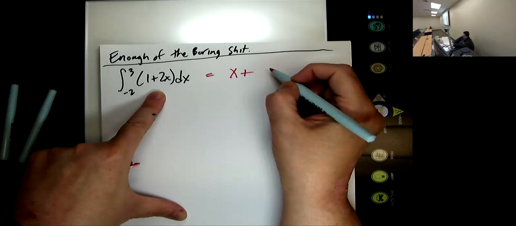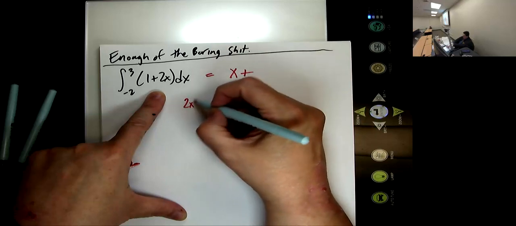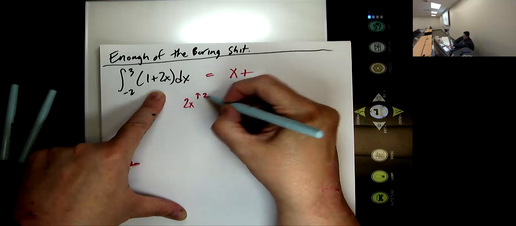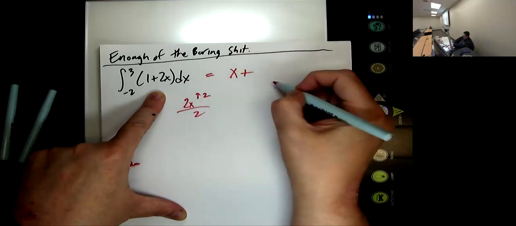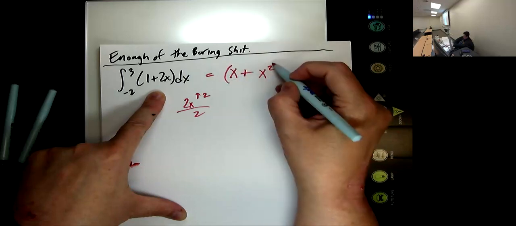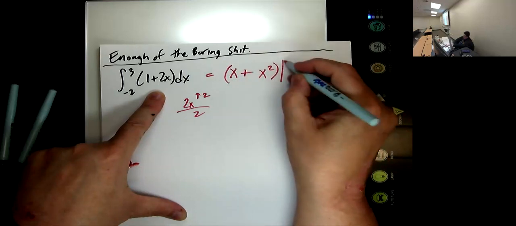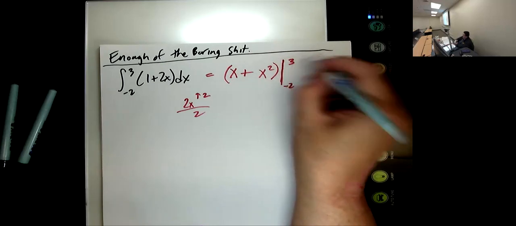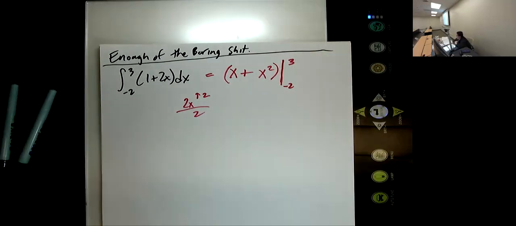Yeah. So we go up a power, divide by a power. So it goes up to 2 on the power, divide by the 2, x squared. The way you show the limits of integration is you make this big vertical, you put it in parentheses, and you do this. That's how you show how you're going to evaluate it.